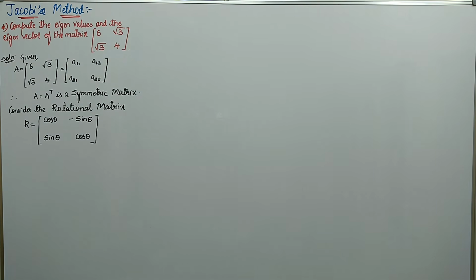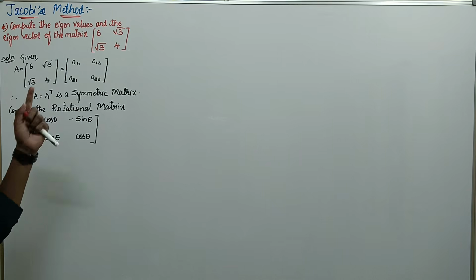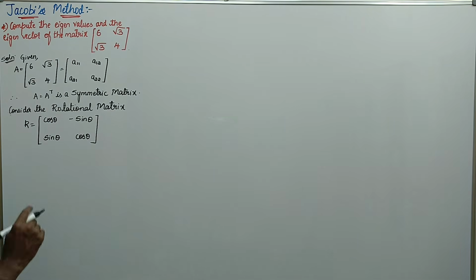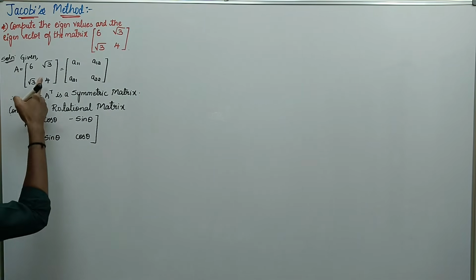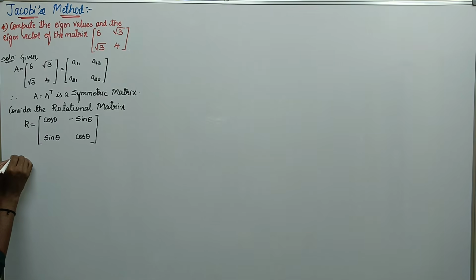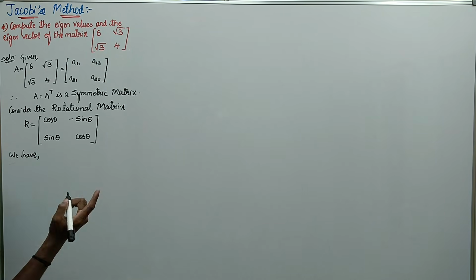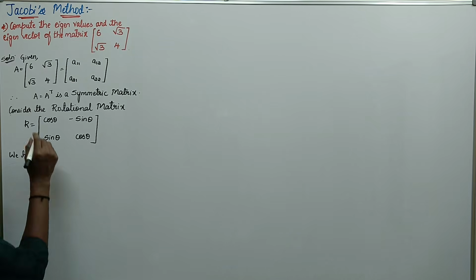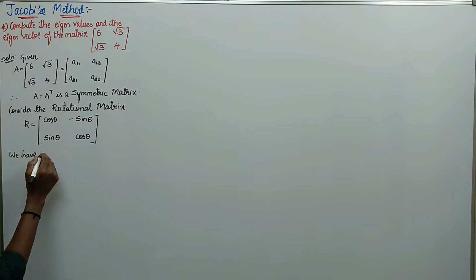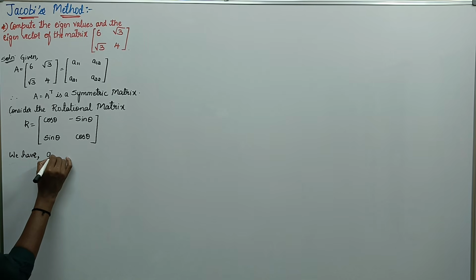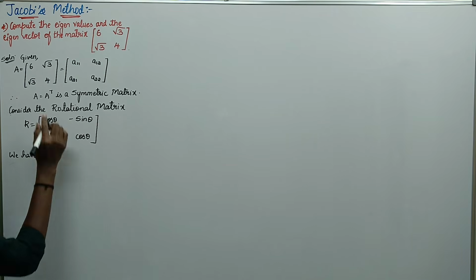Before finding the angle theta, we are going to represent the terms in the angle theta. That is, we are going to define the conditions, that is Aij. To simplify the angle theta, we are supposed to consider, what are the off-diagonal elements? That is, we represent Aij, that is A12. What is A12? We have root 3.